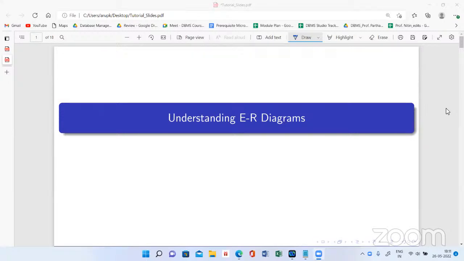If somebody knows object-oriented programming, can somebody tell me in terms of object-oriented programming? If you don't know, don't bother. But if somebody knows object orientation, can you tell what is an entity set, what is an entity and what is an attribute? Entity is kind of like an object.